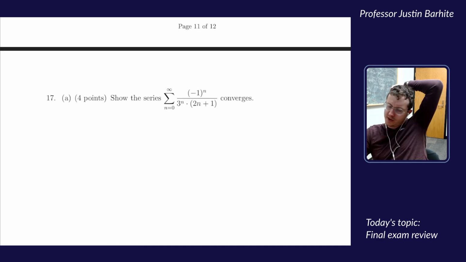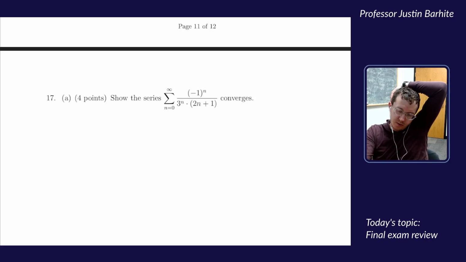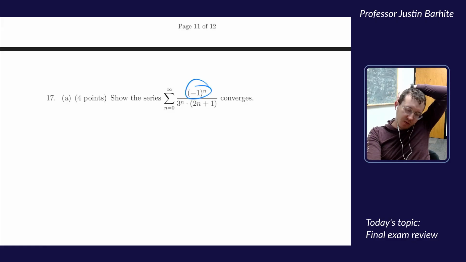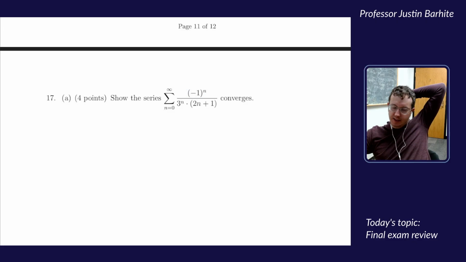But I just want to point out, you could also use the alternating series test. This whole denominator is positive. And then the -1 to the n means that it alternates. 3 to the n times 2n plus 1, that is definitely decreasing. And these series terms are approaching 0.